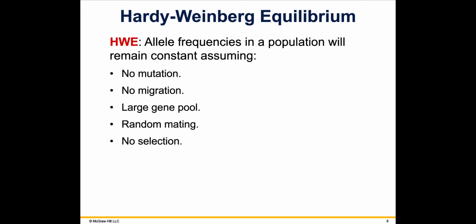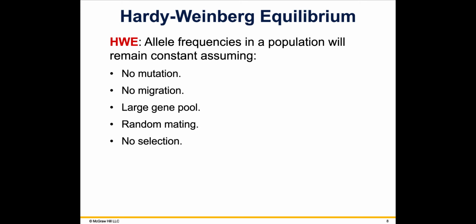There needs to be a large gene pool, or there can be no genetic drift. We cannot have a small population because when we lose a bunch of individuals, well, then we've changed the gene pool. There must be random mating, or in other words, there's no non-random mating. You don't choose your mate, it's just random chance.